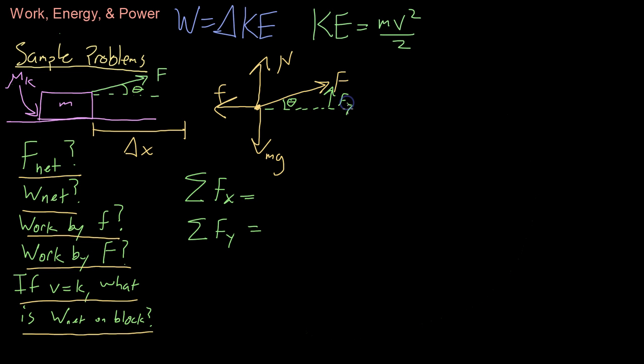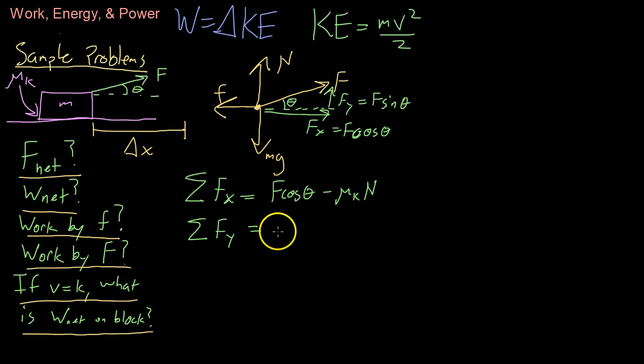In this case, we can break up this force into its two constituent components based on this angle theta. So you have your Fx and your Fy, which equal F cosine theta and F sine theta, respectively. Now, you take your F cosine theta, subtract the friction, which is mu k times the normal, and for the forces in the y direction, it's the normal force plus F sine theta minus the weight.